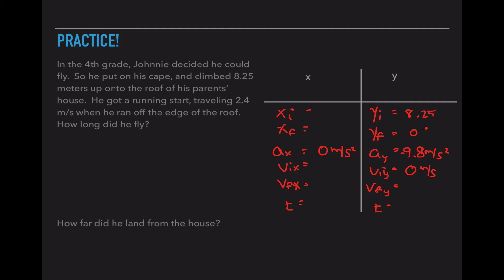He had a running start traveling 2.4 meters per second when he ran off the edge of the roof. VIX and VFX are 2.4 meters per second. Now they're asking us to solve for two different things. The first thing is how long did he fly? The second thing is how far did he land from the house?